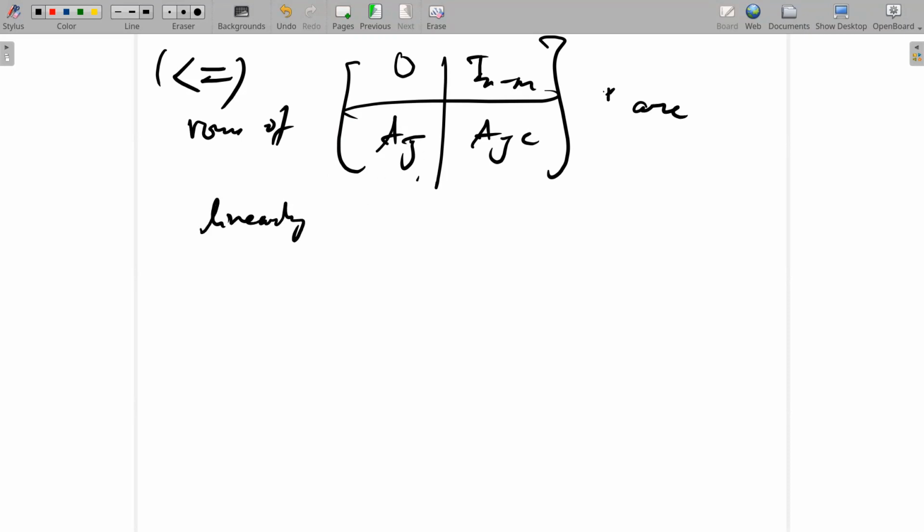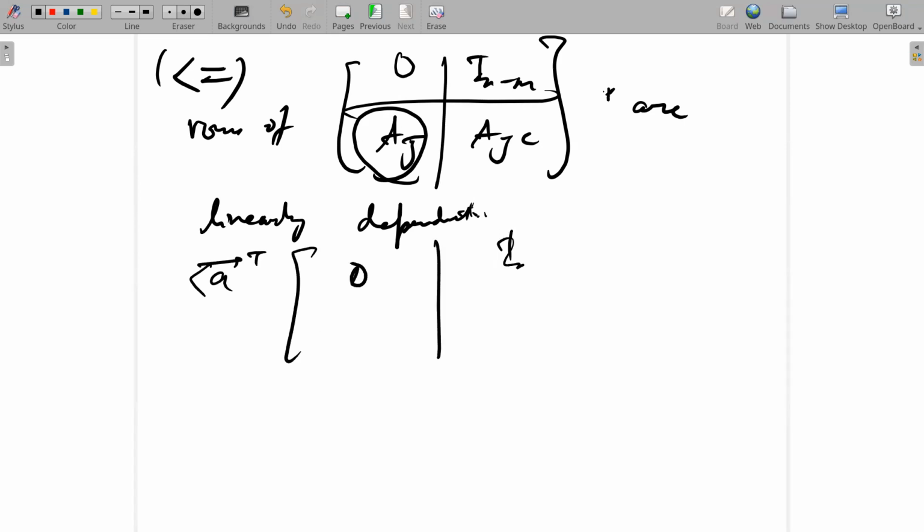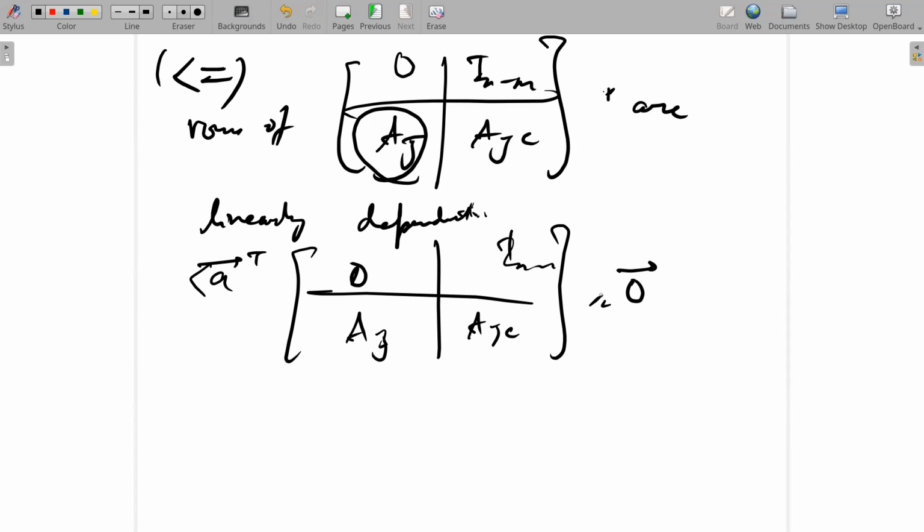And then we want to prove that this cannot be invertible. This is something basic from matrix algebra. So just take a vector A such that A transpose of this thing, A0 I n minus m AJ, is equal to 0. This is actually the easier direction. So it is in fact the vector 0.